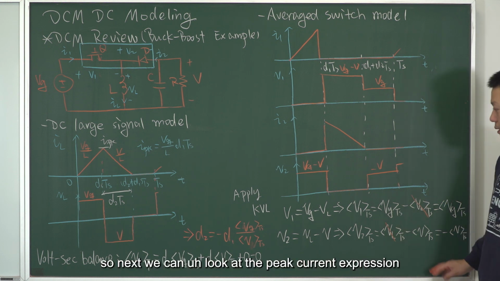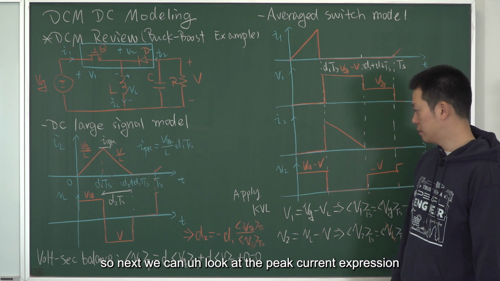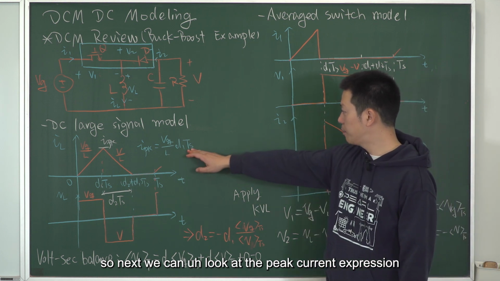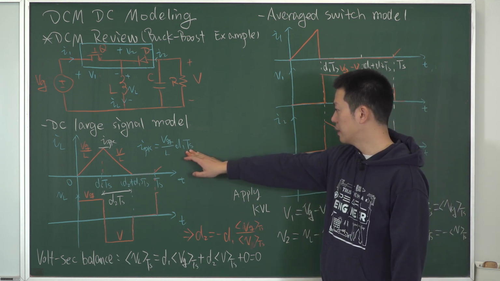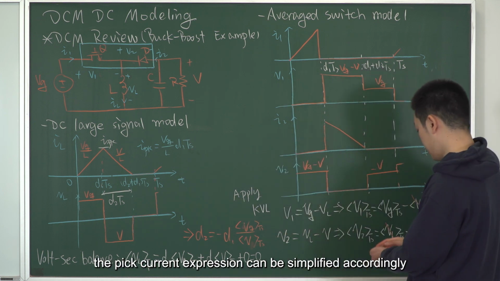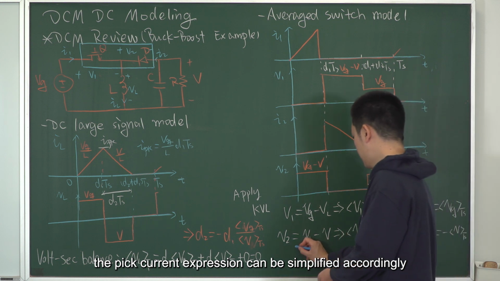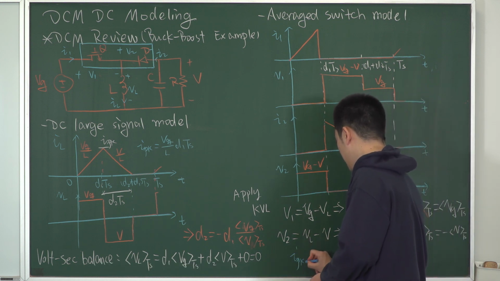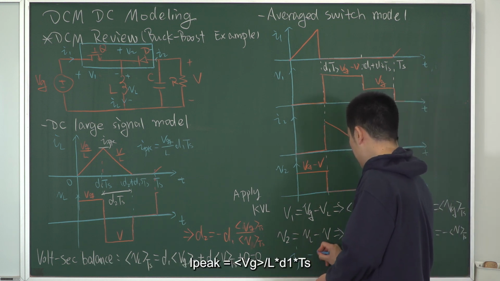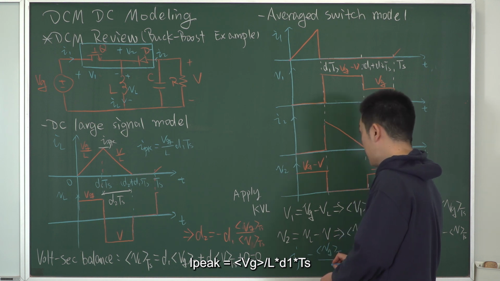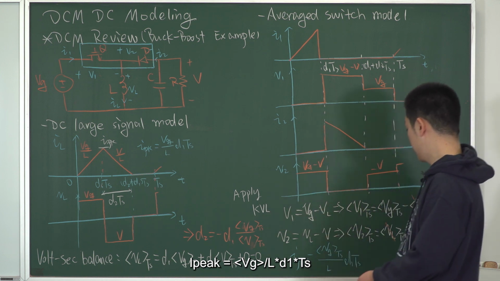So next, we can look at the peak current expression. The peak current expression can be simplified accordingly. So I peak will be equal to the average input voltage over inductance times D1 TS.